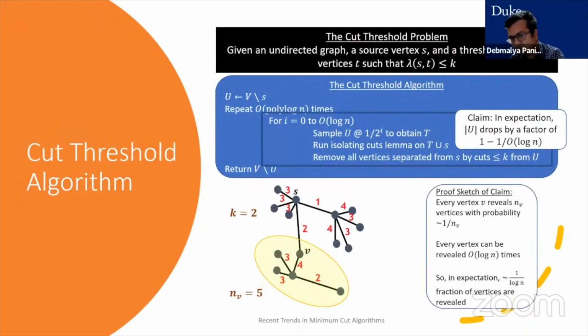No, not S. If my sample had this property, that vertex v is the only vertex in the yellow part of the cut that got sampled, and all the other vertices, including S, are on the other side, then when I run isolating cuts, v is one of the candidate vertices in this set. So the isolating cut for v will reveal this yellow cut. Okay. Thanks.